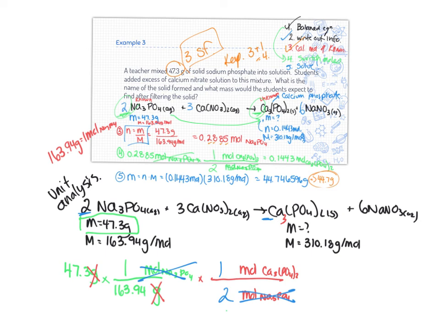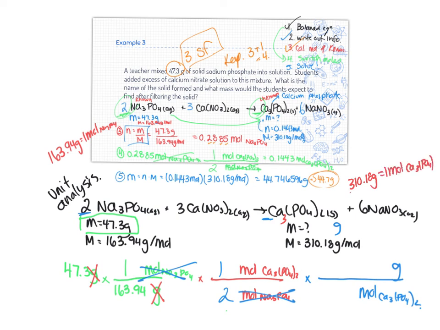All right, our very last step. We need to convert moles of calcium phosphate into grams because we're looking for mass. Now, again, the units of grams and moles together could only mean our molar mass. For calcium phosphate, 310.18 grams is equal to 1 mole of calcium phosphate.